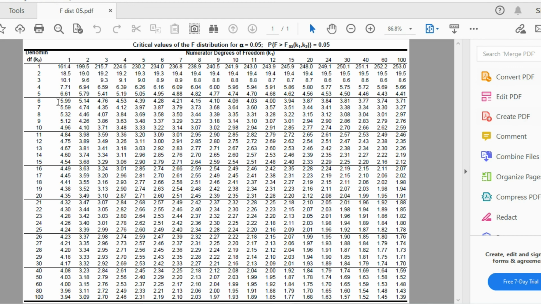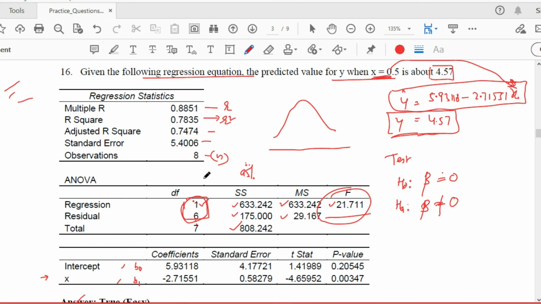Which value do you see here? 5.99. I write here, from the table, F value at 0.05, at 1, 6 is equal to 5.99.